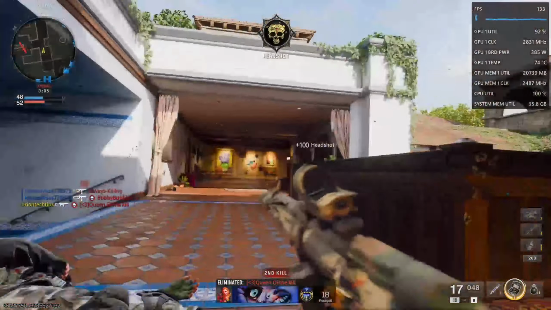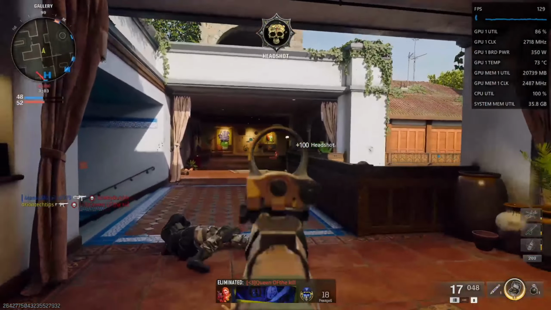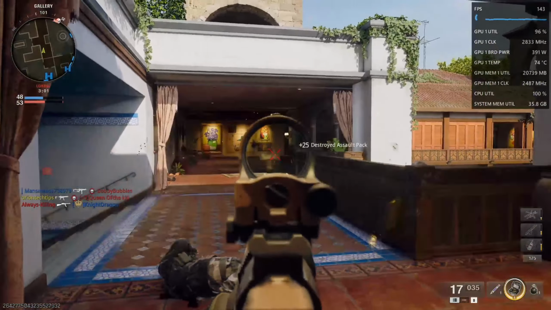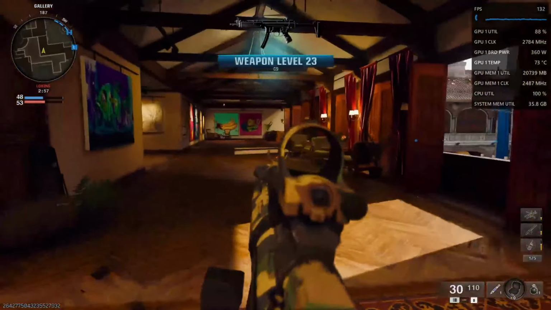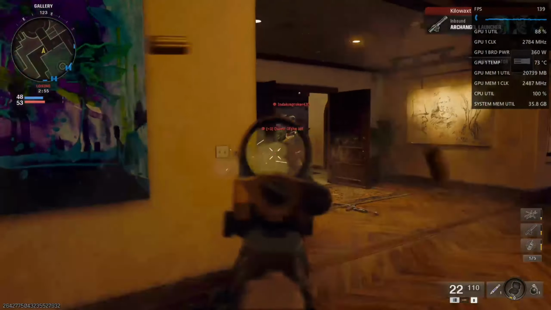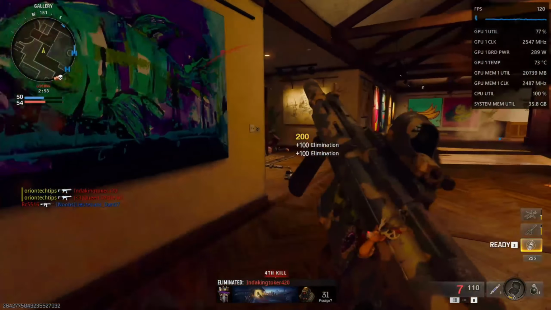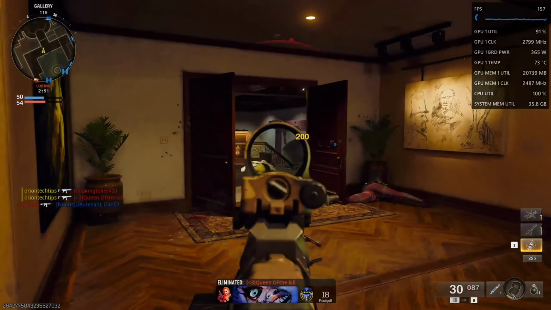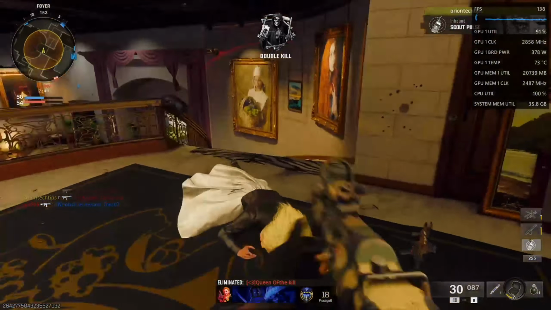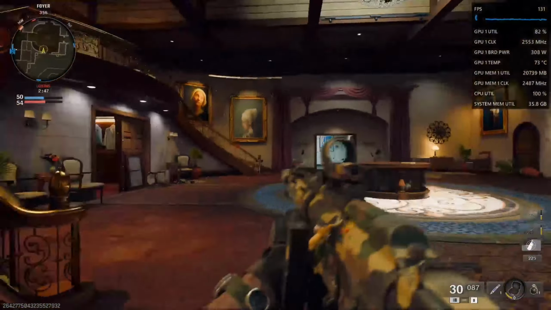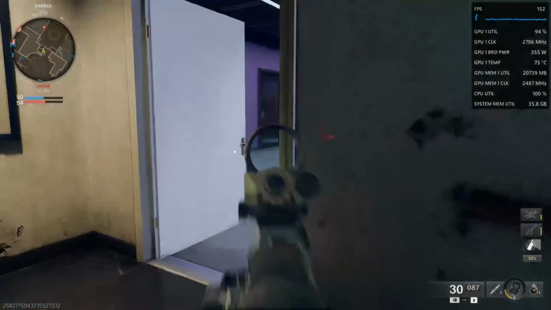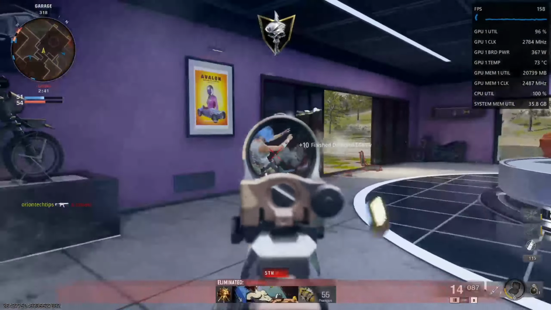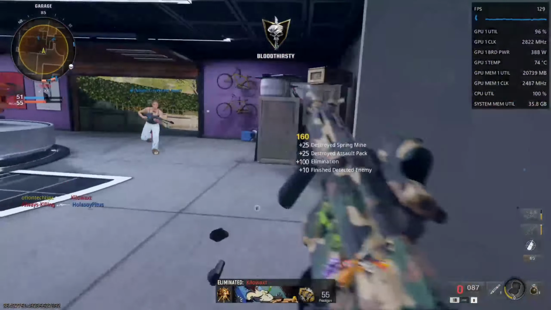You can see here the CPU has been pegged at 100% this entire time, and that is because we are recording. So to mitigate, if not remedy this situation completely, ideally you would switch from a Ryzen 7 9800X3D, which is what I am currently using, to a Ryzen 9 9950X3D.